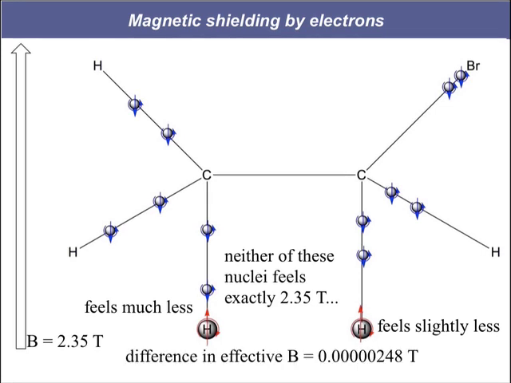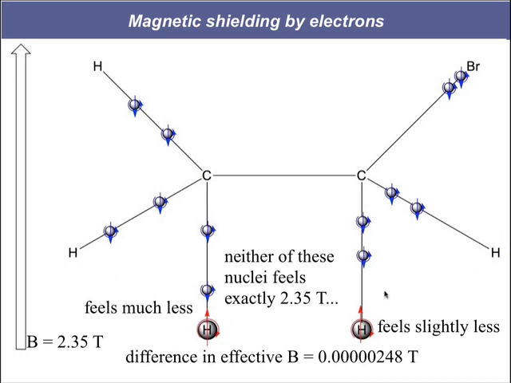It turns out that in an example like this, the difference in the effective magnetic field that these feel is only about 0.0000248 Tesla. A very, very small difference between the amount of magnetic field that these hydrogens feel versus what these hydrogens feel.